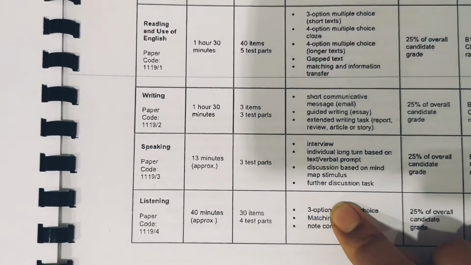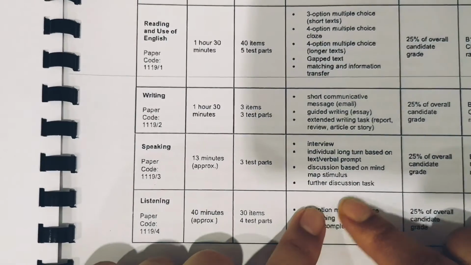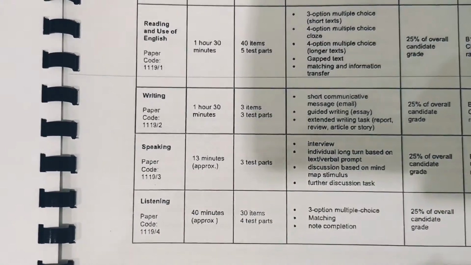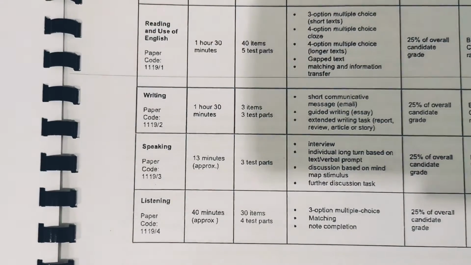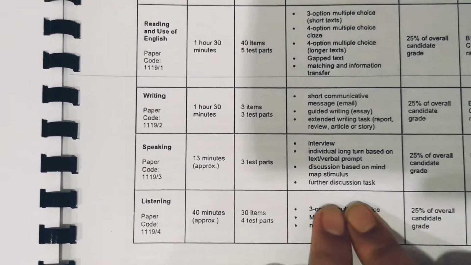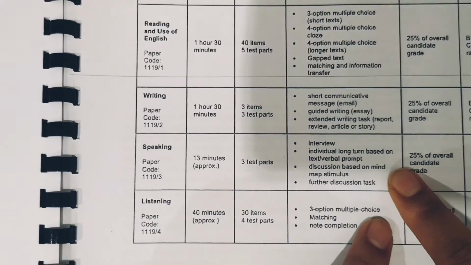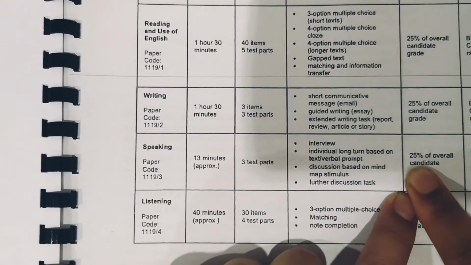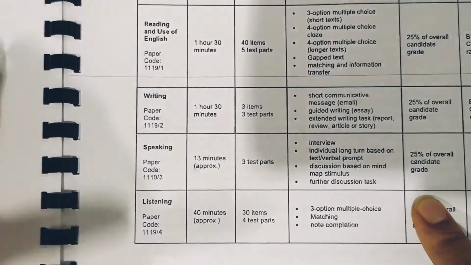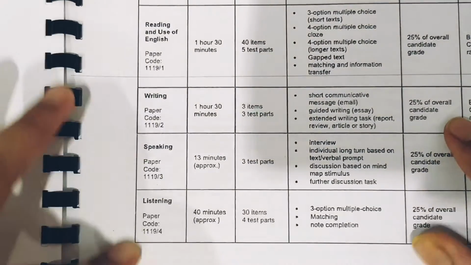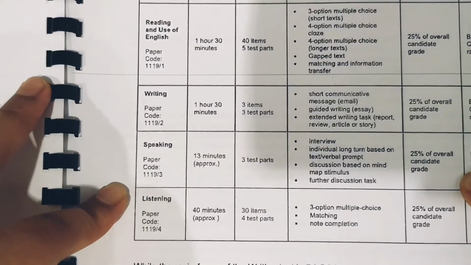If you still remember in your PT3, there's the last question where you discuss with your partner about agreeing or disagreeing, or which one is the better suggestion. The speaking paper also contributes 25% of the overall grade. This is actually good because it has a fair distribution.